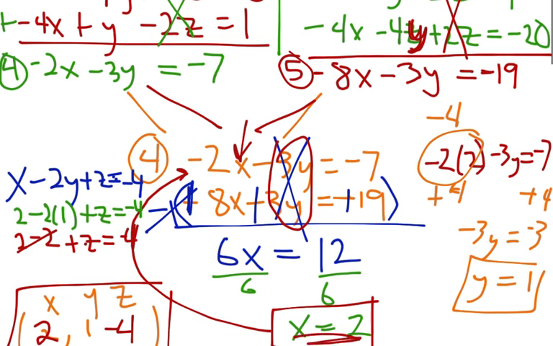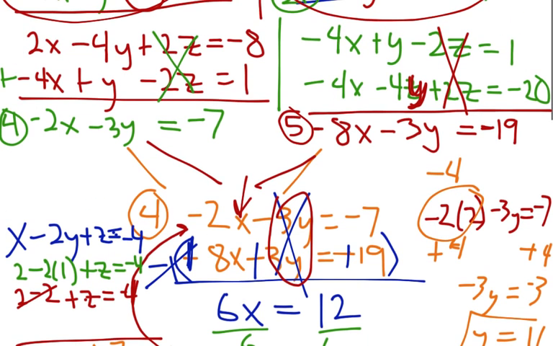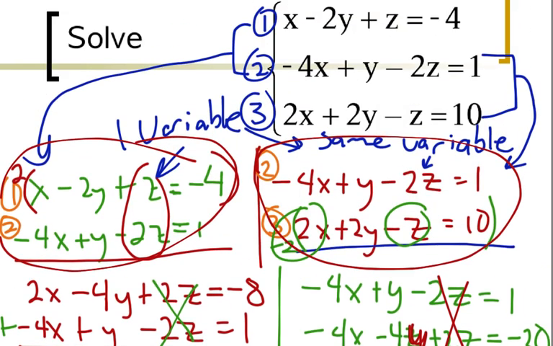Once you get your 1 variable alone, then you start plugging it back up into these equations that we've got along the way that only had that variable in them to get that other variable. Once you have 2 variables, you go back up to the top and plug into one of them. I plugged into the first one, that's just because it was the nicest one, but you can plug it into any of the 3.